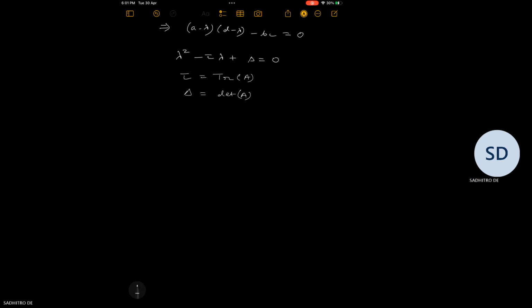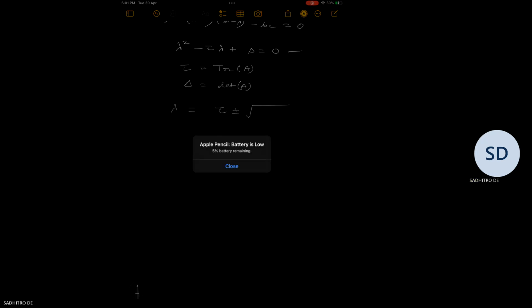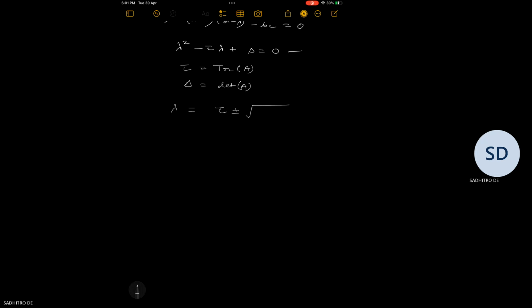Okay. So then, if you solve this equation, the eigenvalues which one gets are lambda is equal to tau plus or minus root over tau square minus 4 delta, all divided by 2.